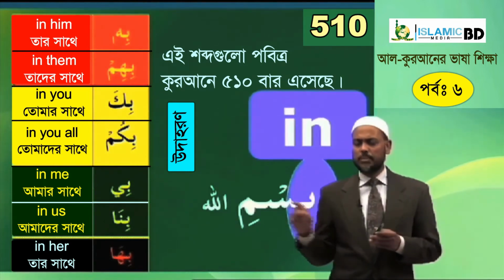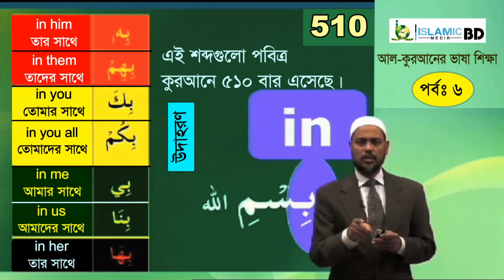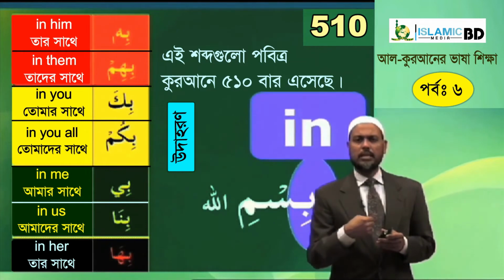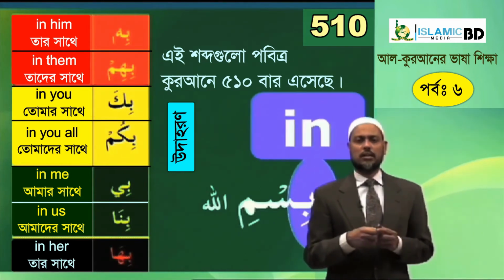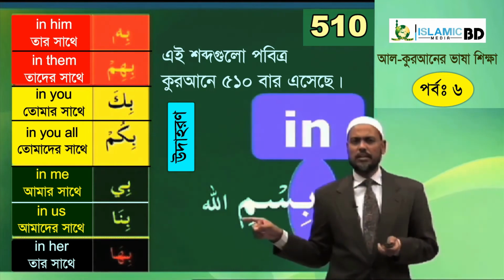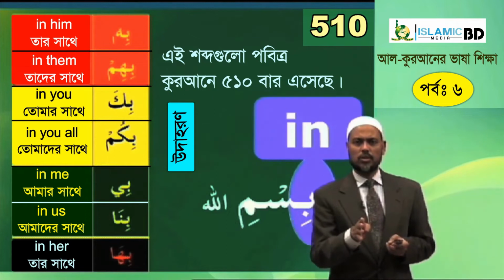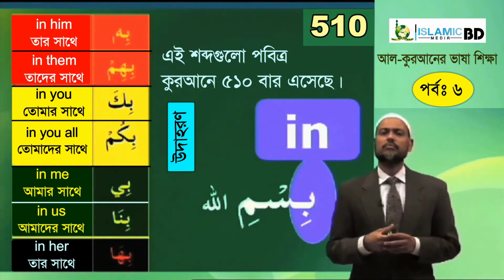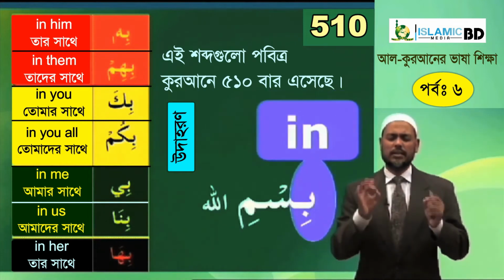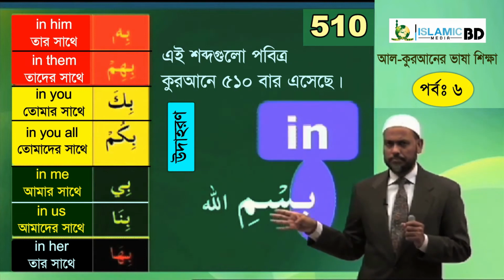Can you translate? Bihi, in him. Bihim, bika, bikum, bi, bina. Biha, in her. Once more. Bihi, bihim, bika, bikum, bi, bina, biha. Very good. Now repeat in Arabic, thinking as to what you're saying. Bihi, bihim.